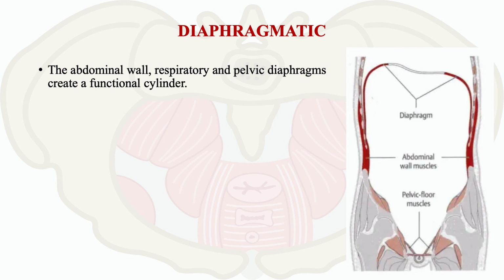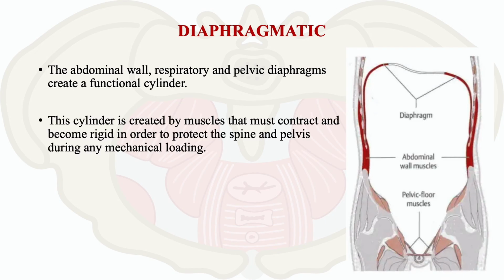Now let us understand more about the pelvic diaphragm. As you can see in the picture also, that is the pelvic diaphragm. The abdominal wall, the respiratory and pelvic diaphragms create a functional cylinder. This cylinder is created by the muscles that must contract and become rigid in order to protect the spine and pelvis during any mechanical loading.